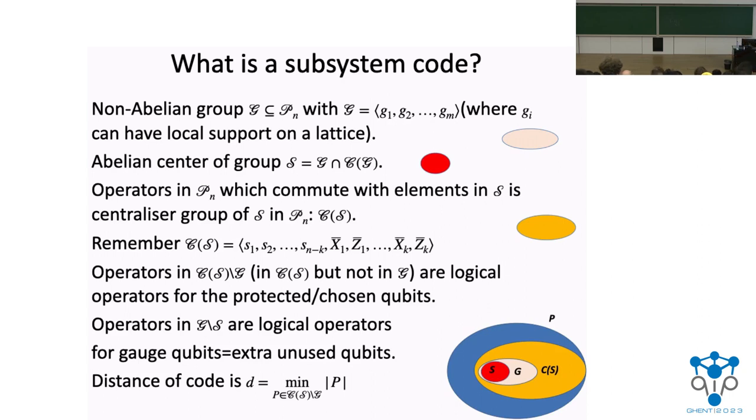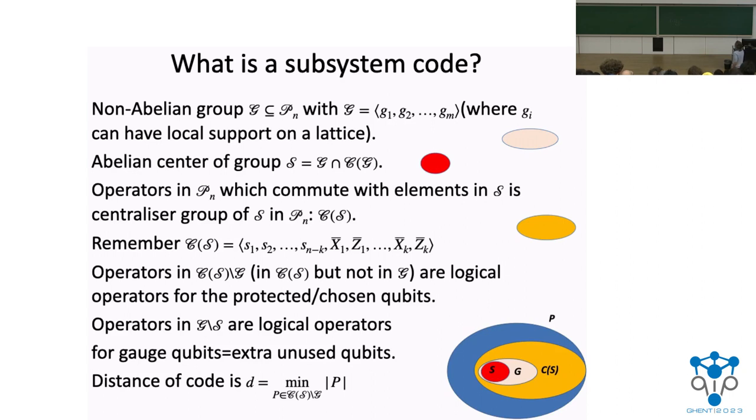Another way of looking at this: I'm also interested in this group, which is abelian, because I'm taking all elements in G that commute with each other. So I'm constructing elements in G out of these weight 2 things that commute with everything.